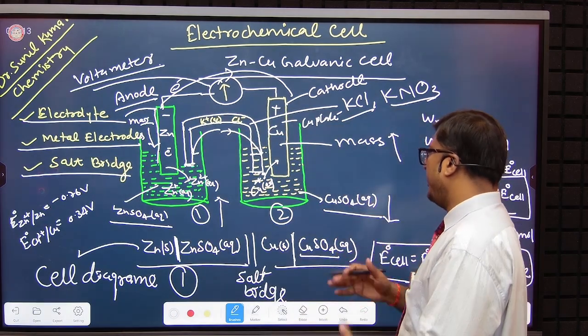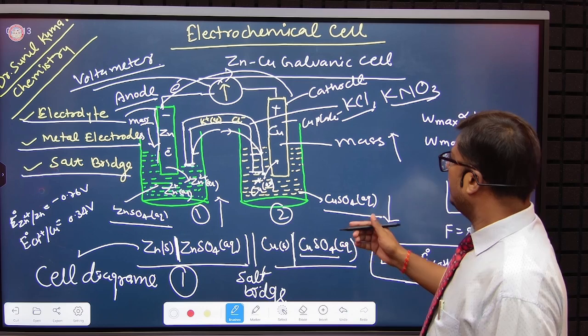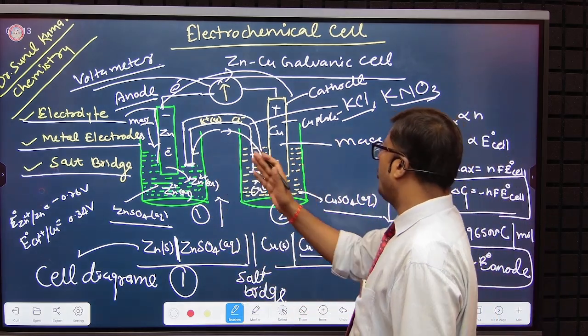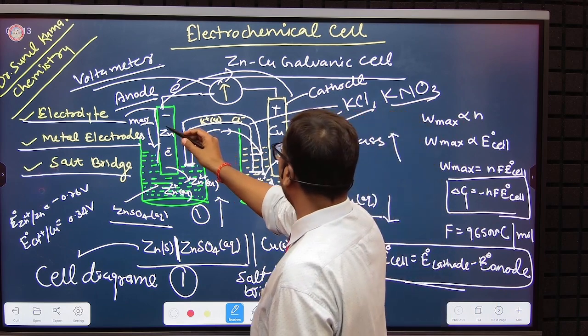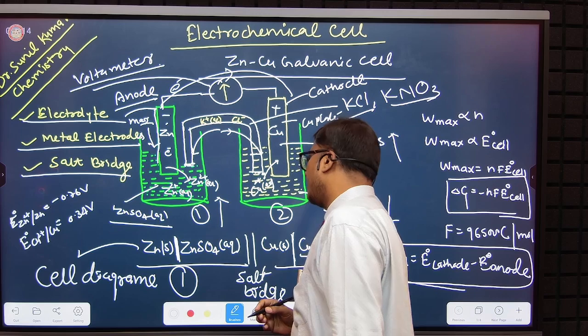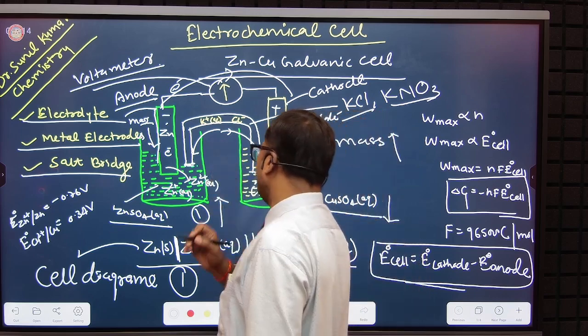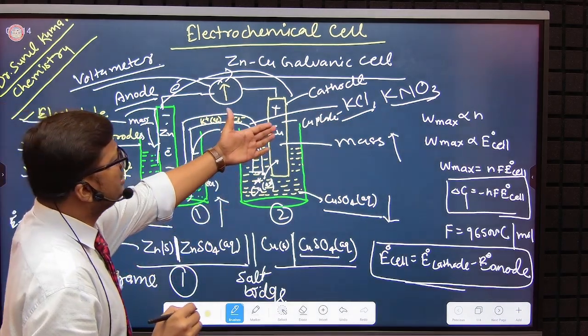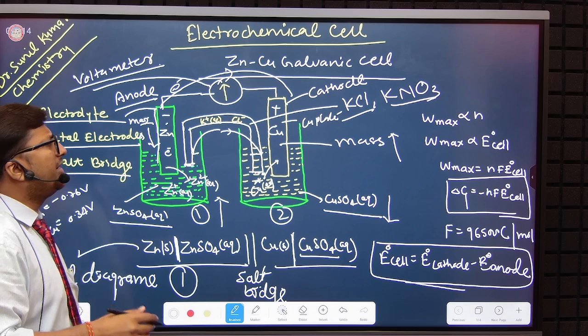Now what happens? There is a potential difference that causes the movement of electrons from anode to cathode, right? Here the anode is responsible for oxidation and the cathode is responsible for reduction reactions.